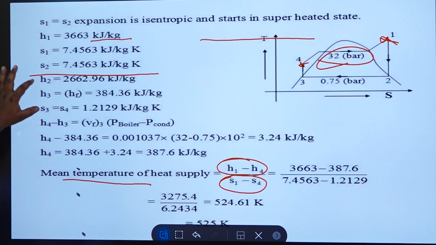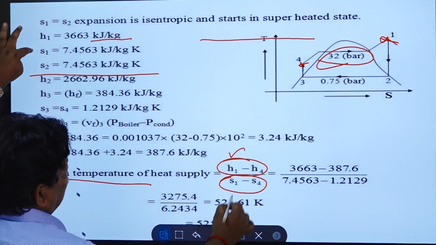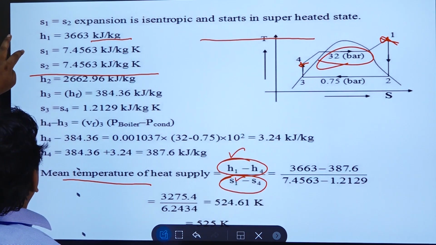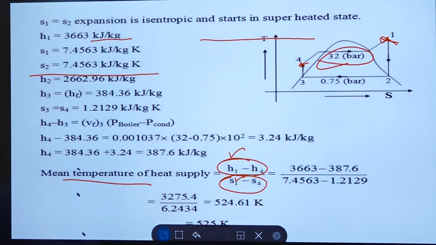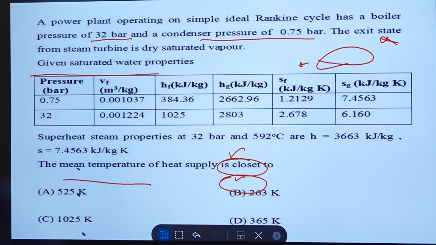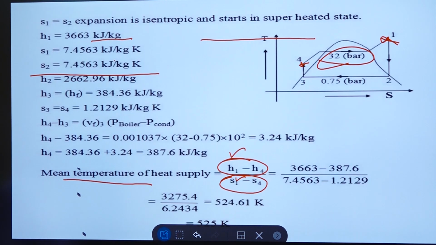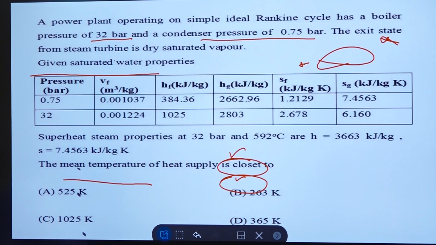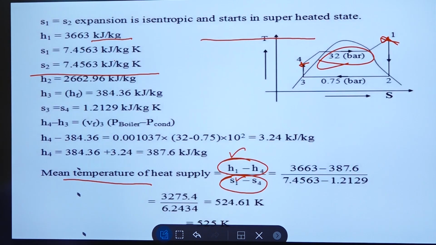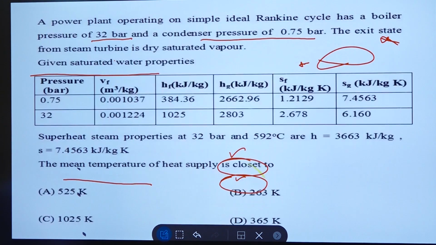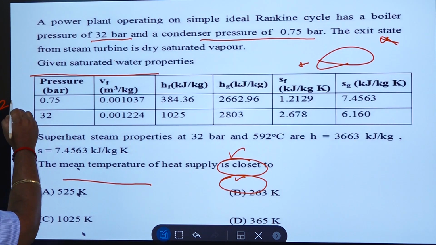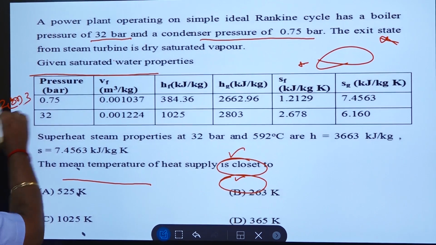You can see here H1 is known to us, and S1 is known, and then S4, you look at the problem that is given to you. S4 is also given to you, it is 1.2129. Okay, so that is the condition; for 2 to 3 it is 0.75, which represents the 2 or 3 conditions.